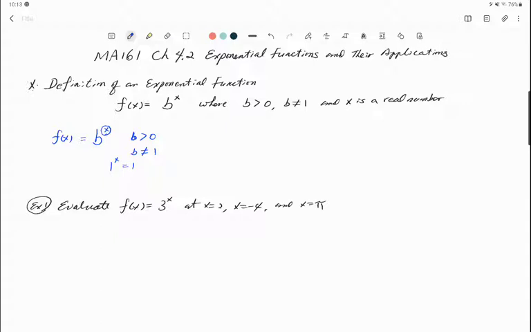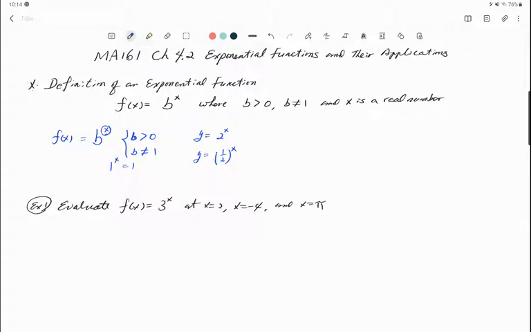So x can be any real number, but the base has a restriction. It always has to be positive, and it is not equal to 1. So all positive except 1. That's the base. So y can be something like 2 to the x power, or y can be 1 over 2 raised to the x power.